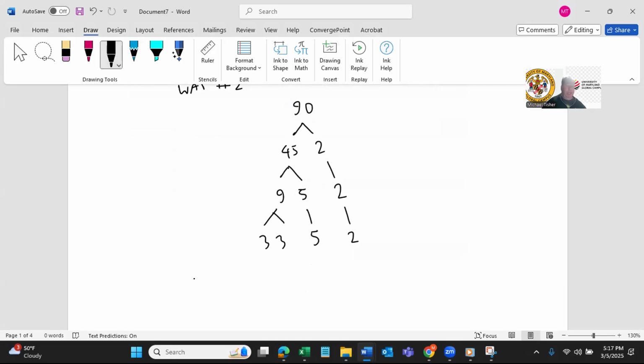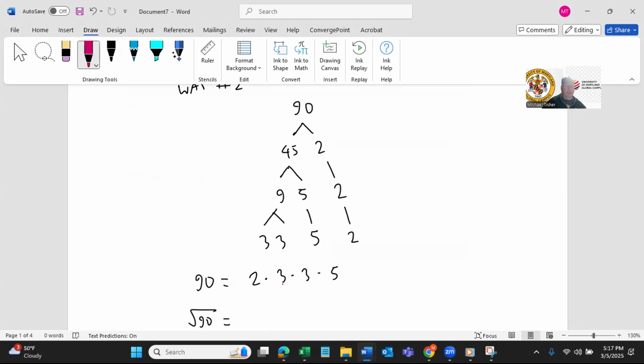So we can think of 90 as 2 times 3 times 3 times 5. Now we want to find square root of 90. To do that, we're going to meld two like numbers into each other.